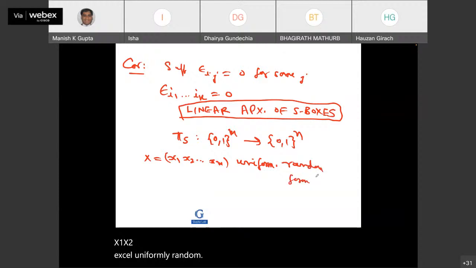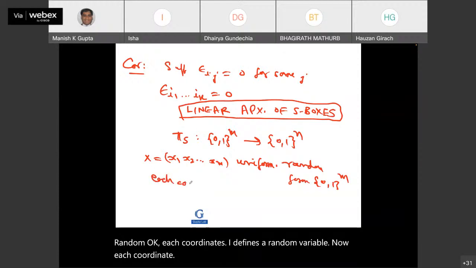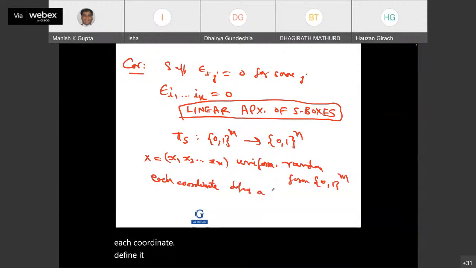from the set {0,1}^m. Each coordinate xi defines a random variable xi bar.